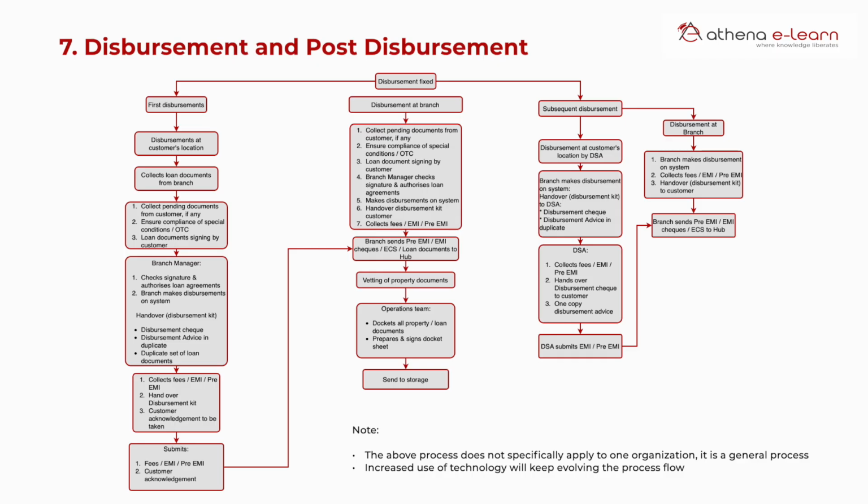The other documents that need to be collected at this stage are either the post-dated checks for the EMI and the pre-EMI, or what is called NACH, the National Automated Clearing House. This is nothing else but an authority to automatically debit the account of the customer on the day when the EMI is due for the next 10-15 years or whatever the term of the loan is.